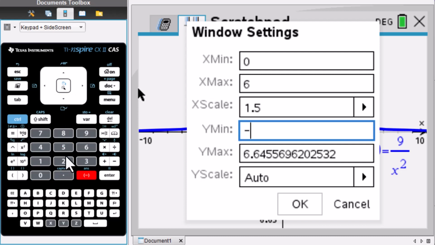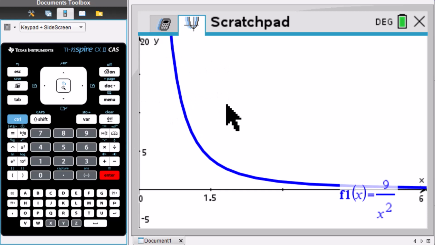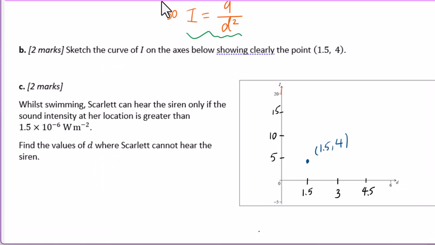Y minimum -5, maximum 20, scale 5. Enter. We know for inverse variation, there is a horizontal asymptote line and a vertical asymptote line. Let's label. X equals 0. Y equals 0. So we can sketch the graph like this.